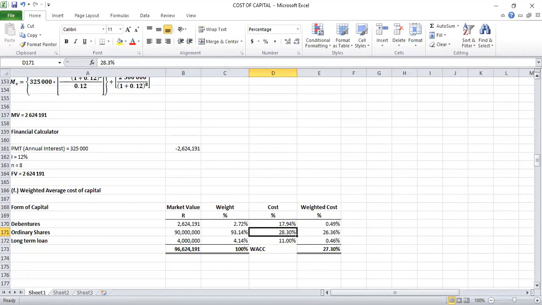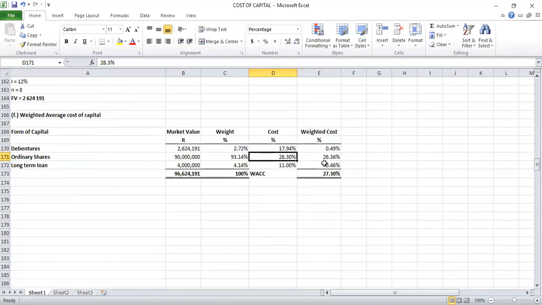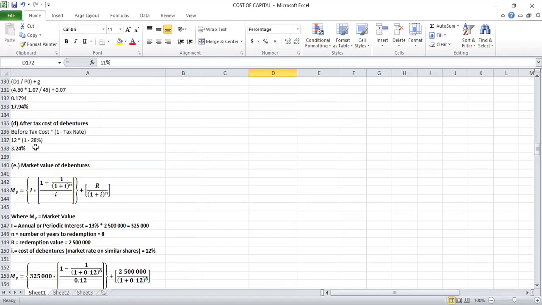For the debentures, 17.94 is not it, that's the ordinary shares. We calculated it again and found it to be 3.24. But this is wrong. It can't be 3.24. Can you recalculate that figure? Please recompute that figure.